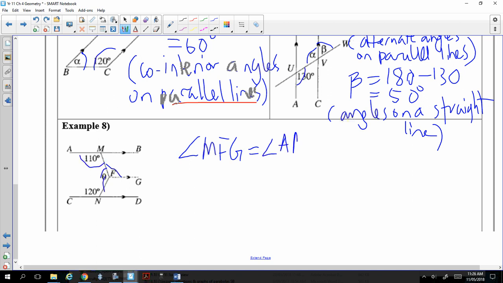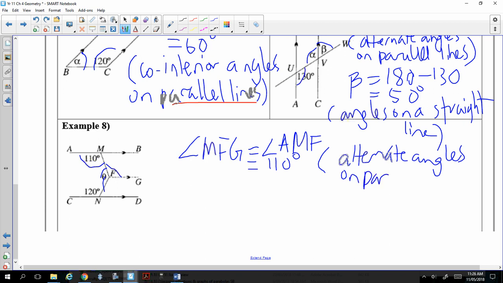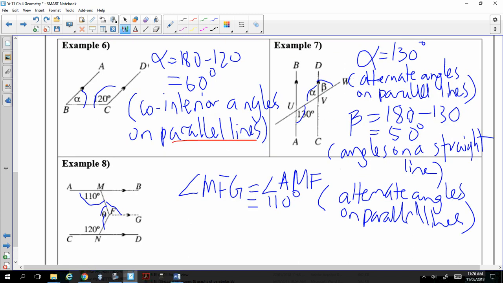What's the reason? Alternate angles. By writing this reason, remember to do that in the exam: on parallel lines. Okay, done. Then we have to find another angle, but before we do so, please also write this angle there so you remember.